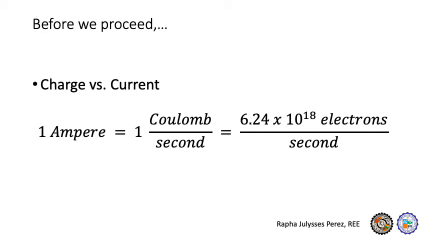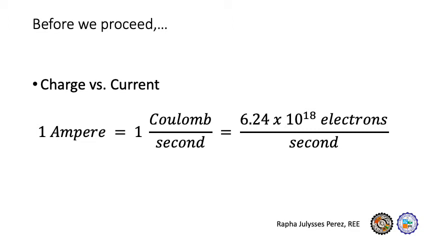So the relation between charge and current is that current is basically a charge that flows with respect to time. So hence we see ampere is equal to coulomb per second. So that's another unit of measure for current.